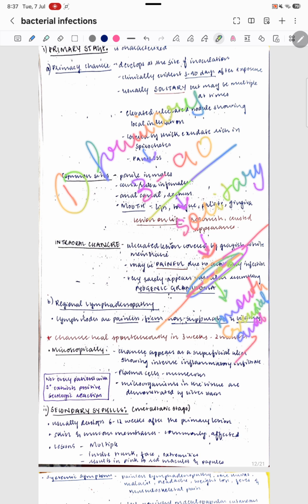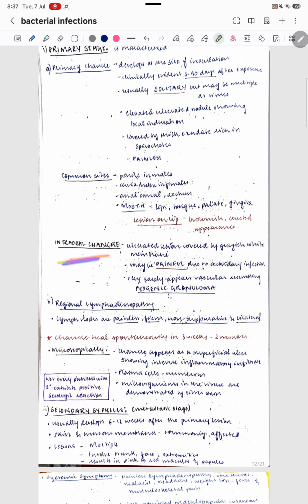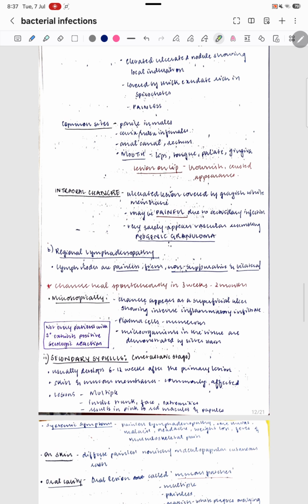After this, something else occurs in the primary stage, the intraoral chancre. The intraoral chancre is an ulcerated lesion covered with a grayish membrane which is a bit painful, and this is due to secondary infection, and it rarely appears like a pyogenic granuloma.